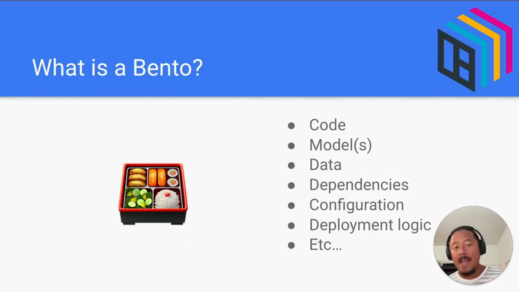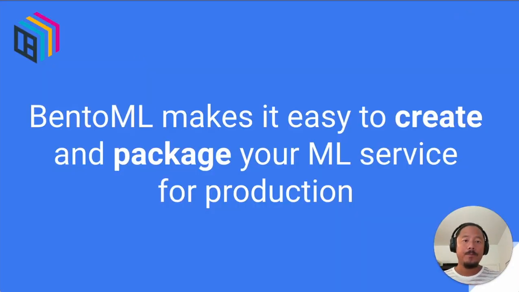You have static data sets, configurations, deployment logic. The list goes on. I've seen all kinds of things packed into ML services depending on the use case. The point is, a bento is the abstraction for packing these components into one deployable unit. Bento ML is an open source framework which makes it easy to create and package your service for production.